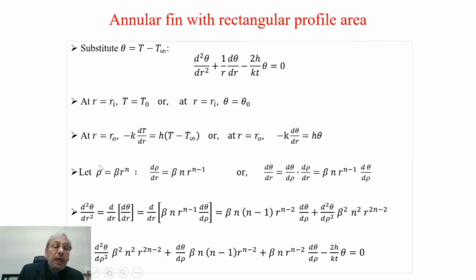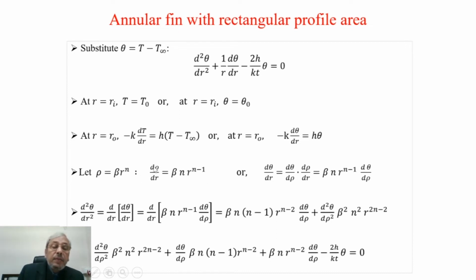Now we are bringing in a parameter rho, which we are saying is beta into r to the power n, so that d rho by dr equals beta n r to the power n minus 1.